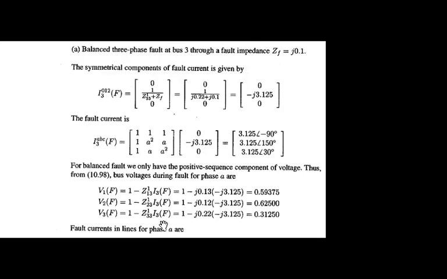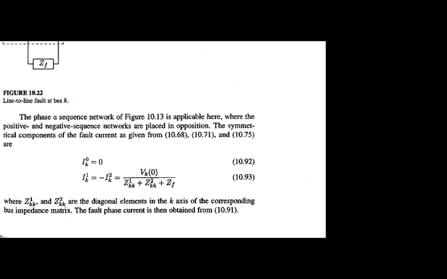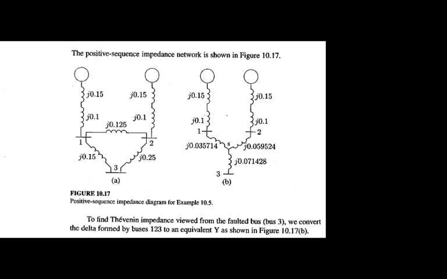Let's check what the single line diagram was because I cannot recall. For the positive sequence network, that one was the line information, right? The impedance information between bus 1 and 2 for positive sequence.